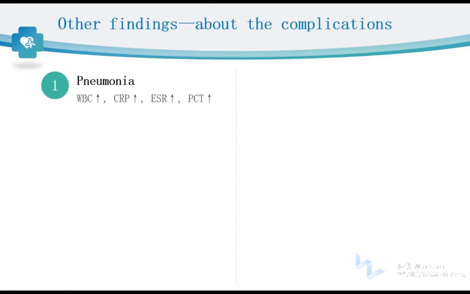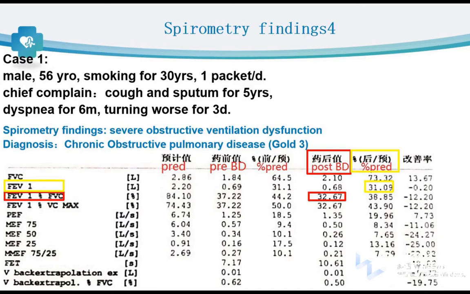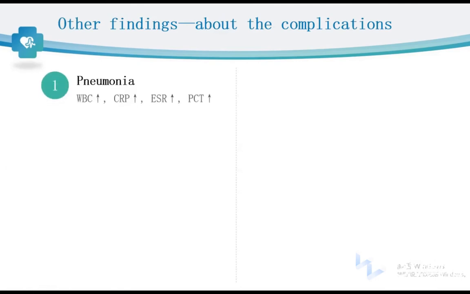About the other findings, the other findings include the laboratory tests and some special tests. All of these findings are about the comorbidities of COPD.